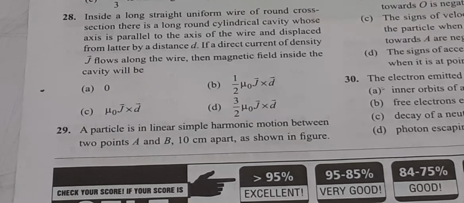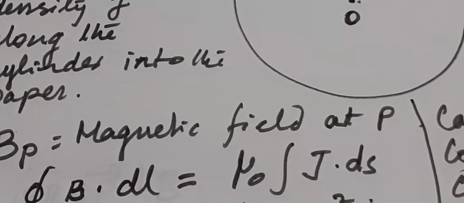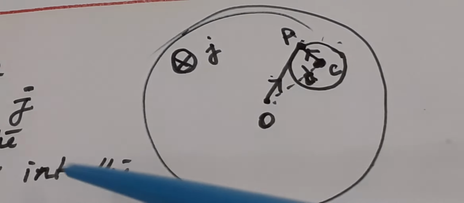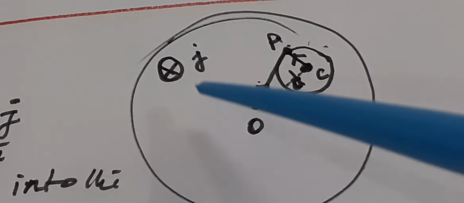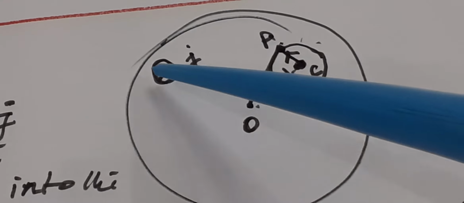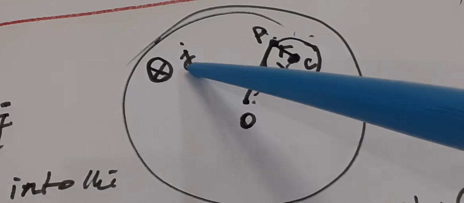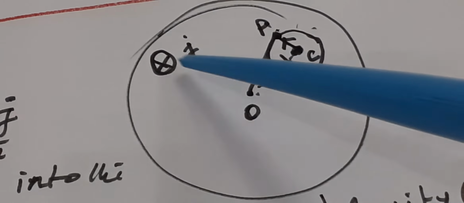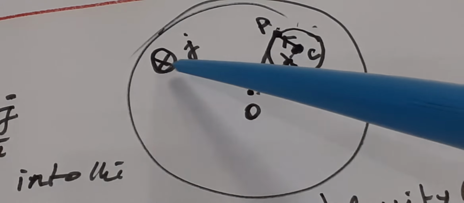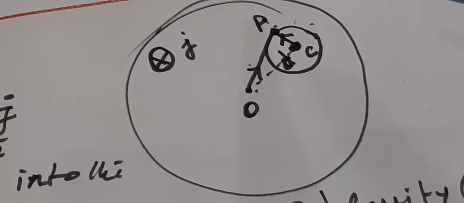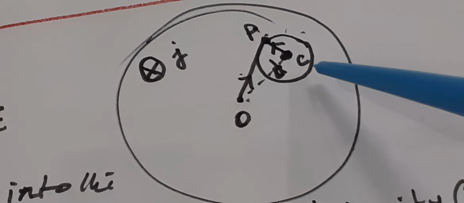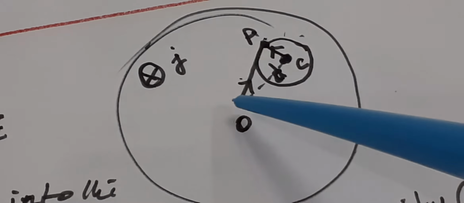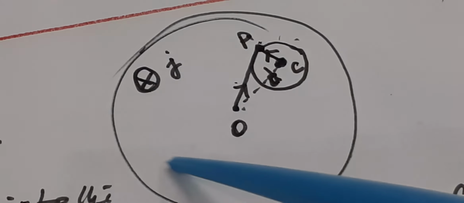Let us see. You can see in this diagram, this is a cross section of a cylindrical wire, and the direction of current density J is into the paper. J is a vector quantity, current density is a vector quantity, and it is downwards. Now here is a cavity which is d distance away from the center of the cylindrical wire.